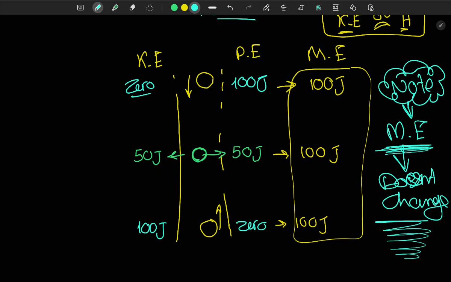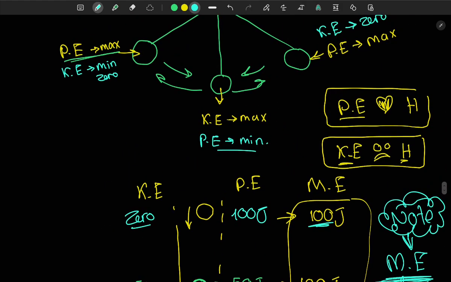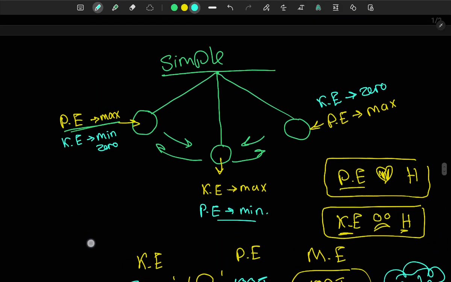It's a constant. 100, 100, 100 is constant. It can't change at all. So this is the difference between kinetic energy, potential energy, and mechanical energy, and how they can alternate in the same ball, and how they can alternate in the simple pendulum.